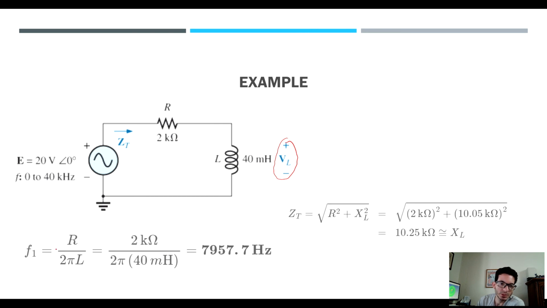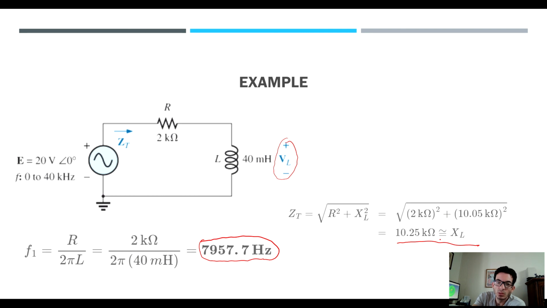So the resonant frequency, you know how to compute: basically R divided by 2 pi L, and that's telling us that it is 7,957.7 hertz, or 7.9 kilohertz. The total impedance is the square root of R squared plus the reactance of the inductor squared, at the values given by the inductor and the resistor. That tells us that it's 10.25 kilo ohms.